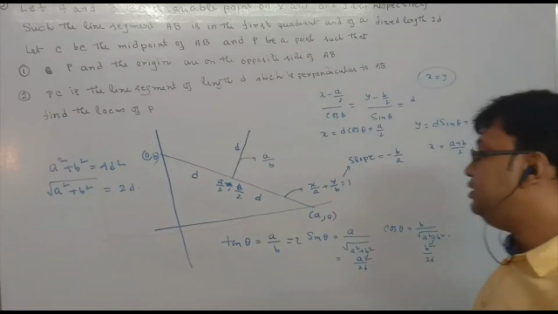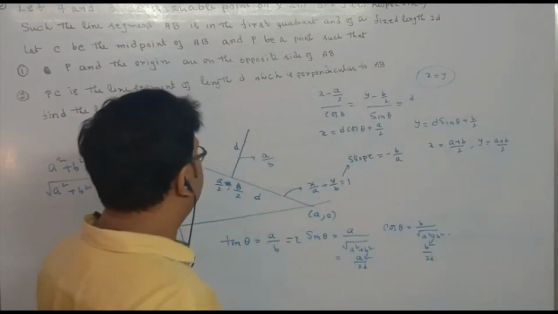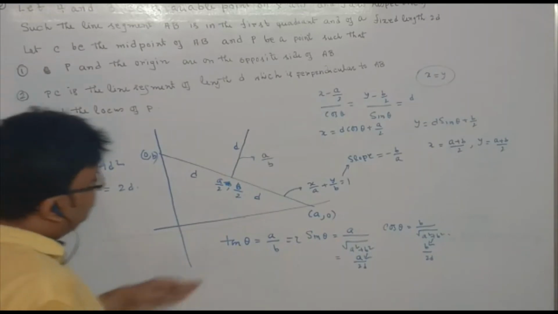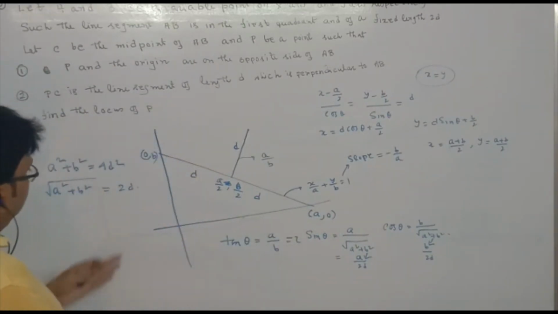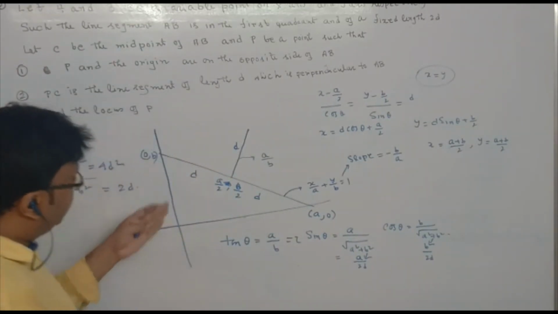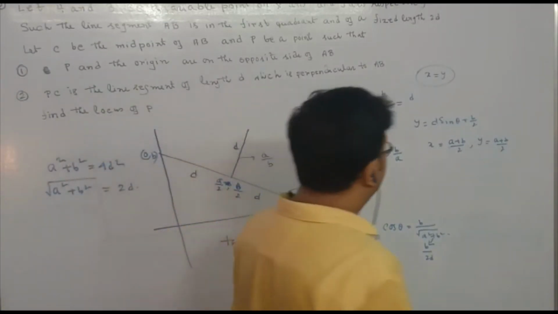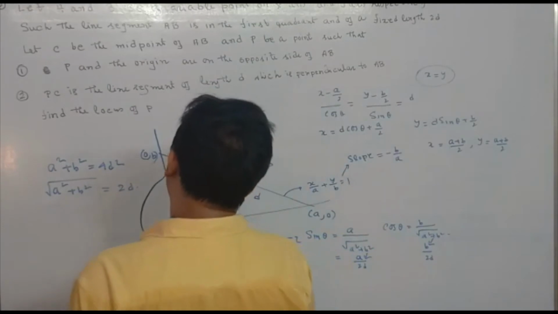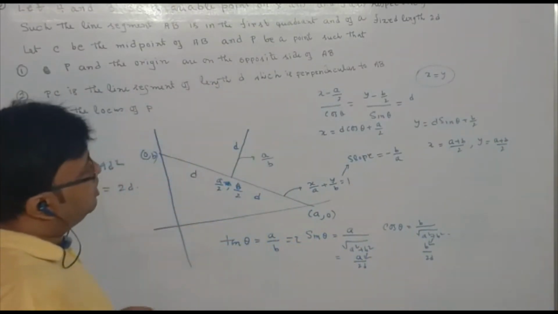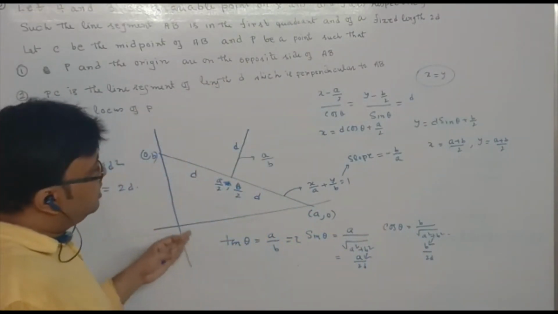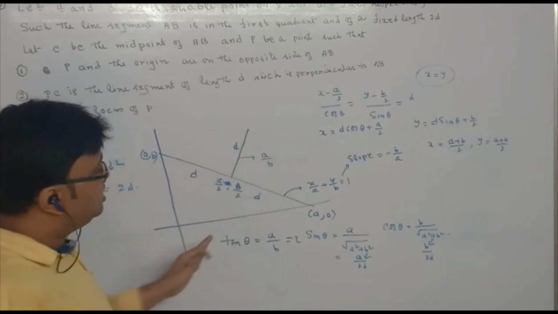Now how to find the range of the locus? There are two limiting points. Number one, a would be 0 or b would be 0, and number two, a equal to b. According to these two limiting points, we have to find the locus, because otherwise the thing is symmetrical.